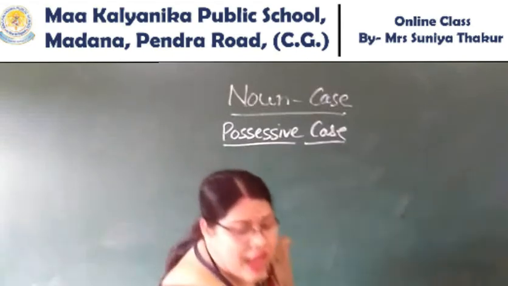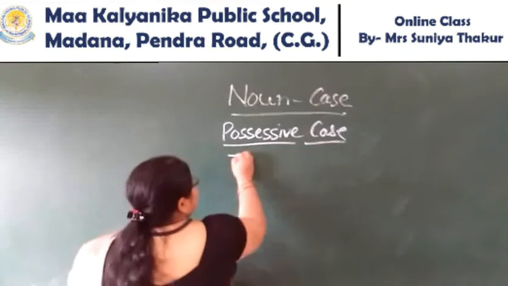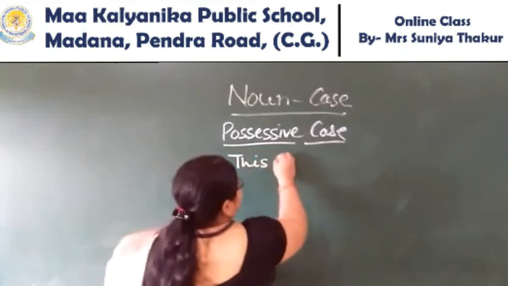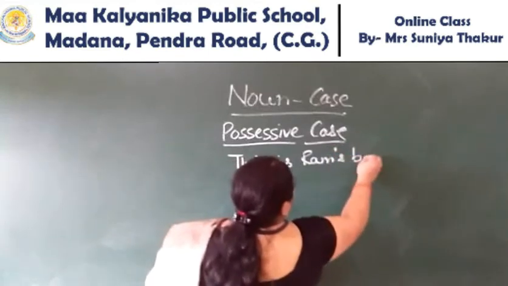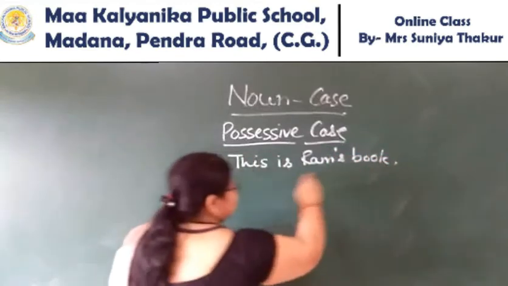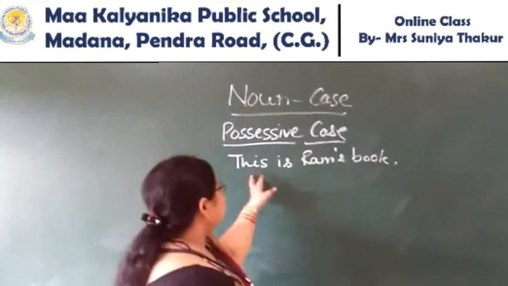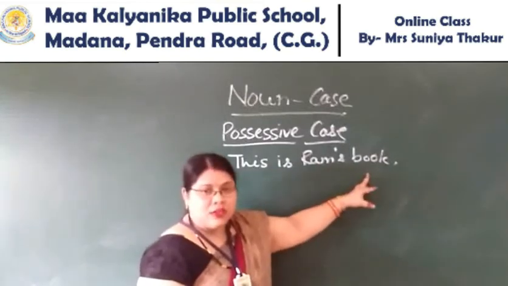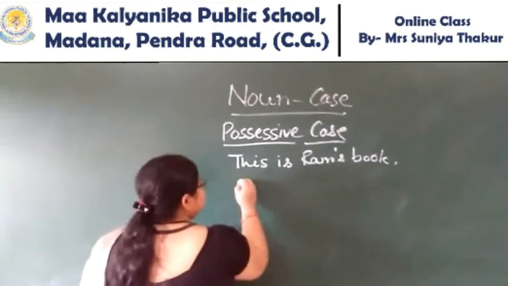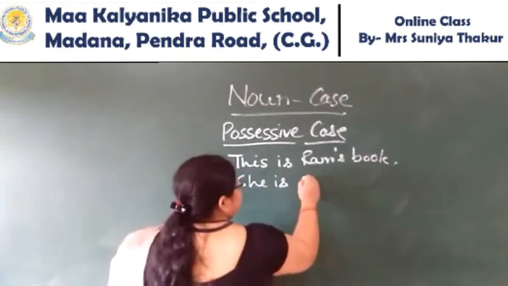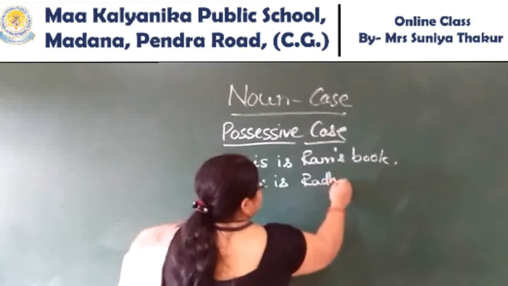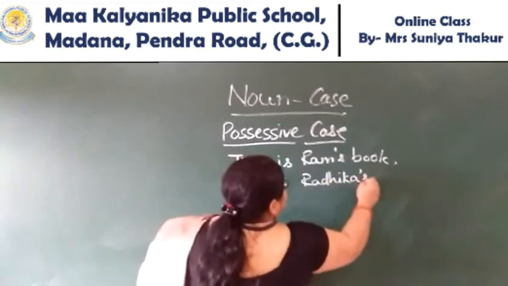Look at the example I am writing. This is Ram's book. Full stop is necessary. You should put a full stop in the sentence. Again, one more. She is Radhika's sister.